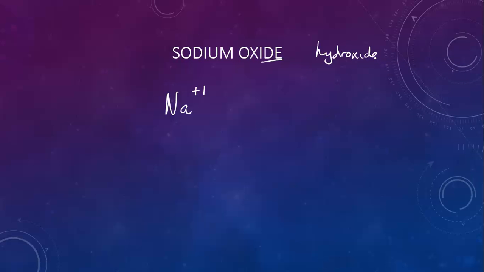Hydroxide is OH-1, but we're not talking about hydroxide here. We are talking about oxygen. So put down oxygen, -2. Remember from our lab, now we need to make sure that both sides equal out. We've got the positive side, negative side. Obviously, we have too many negatives, so we're going to need to add another sodium in order to balance it out.